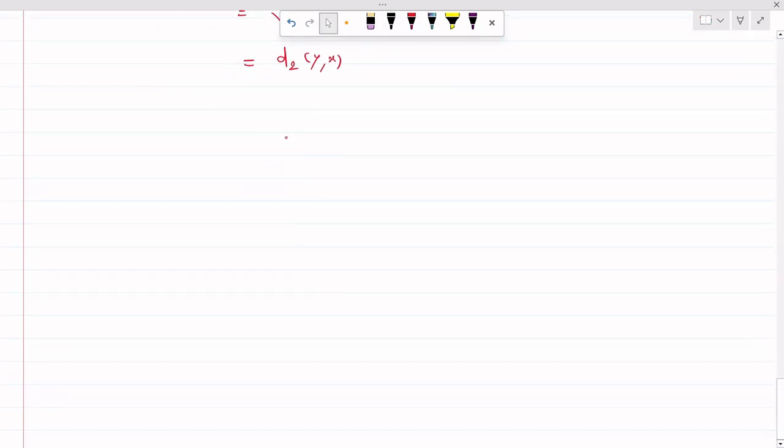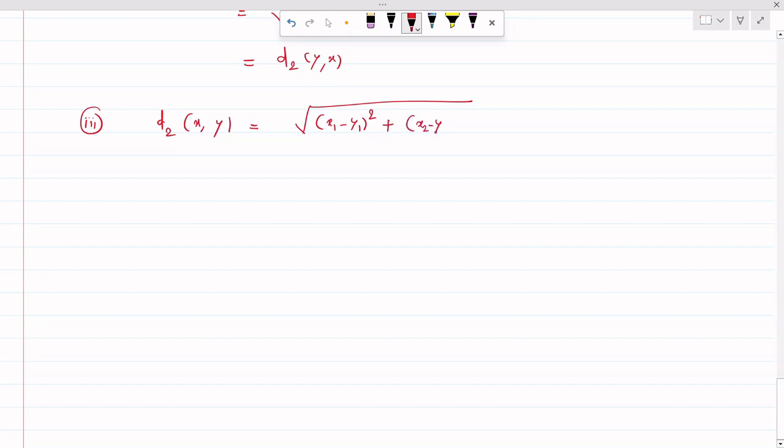For that, we will take d2 of x comma y. As per the definition, this is the third condition which we are establishing now. That is nothing but the square root of (x1 minus y1) square plus (x2 minus y2) square.